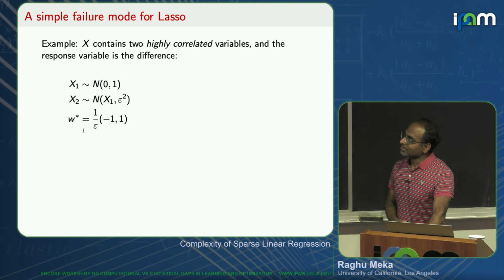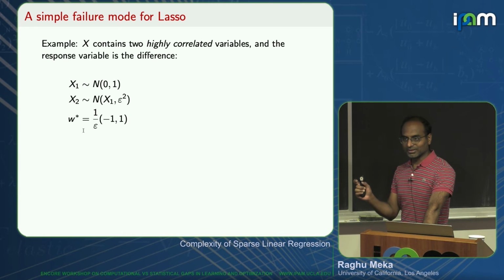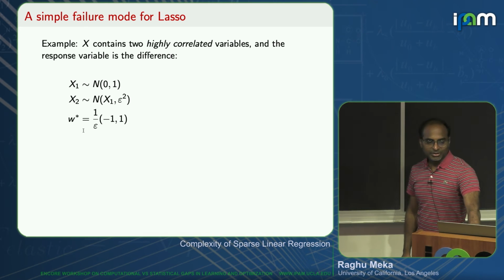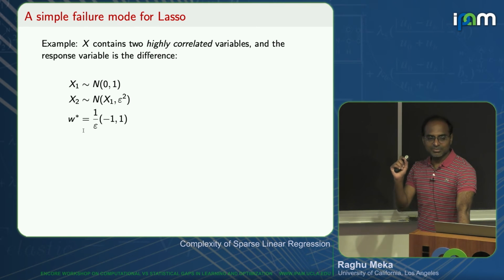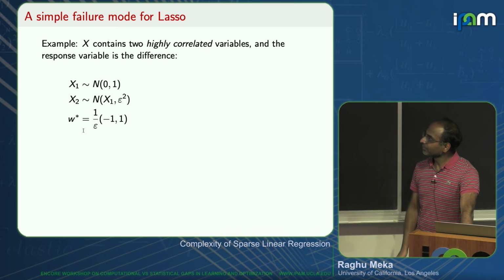Imagine I have n variables x1 through xn, but two are highly correlated. x1 is independent Gaussian, but x2 is basically x1 plus some small epsilon Gaussian. The correlation between them is like 1 minus epsilon.